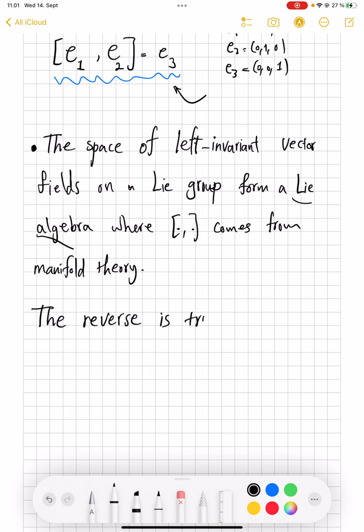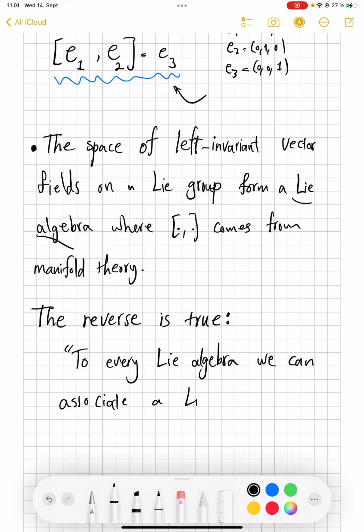That is in fact true. Basically it's saying that to every Lie algebra we can associate a Lie group. If you give me a Lie algebra, I can find a Lie group whose tangent space at identity, with the bracket coming from the manifold theory, is isomorphic, is a copy of, the Lie algebra that you gave me.